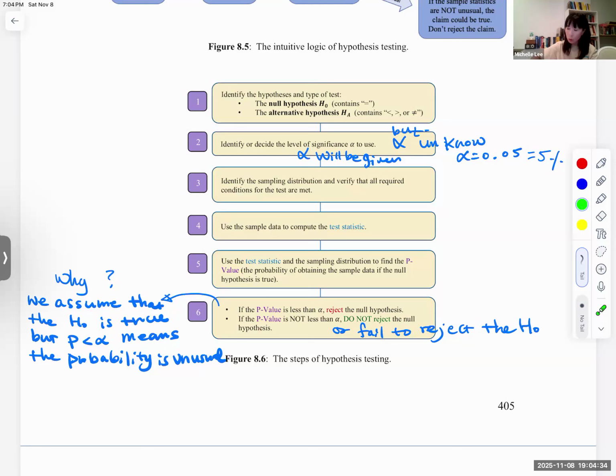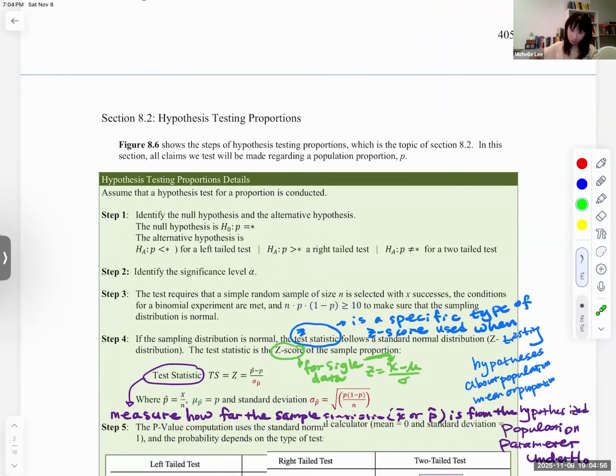So let's remember only one thing. If the p-value is less than alpha, we do reject the null hypothesis test, otherwise fail to reject. Yeah, that means p is greater than alpha. Yeah. Okay. So let us take a look.